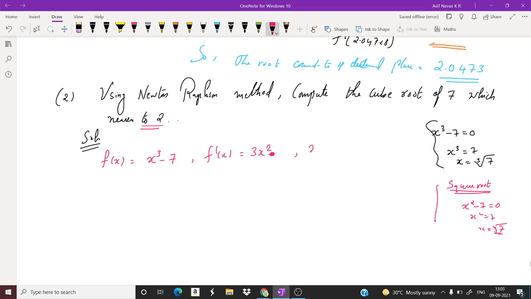So x naught is 2 itself. If this is not given, then we will use that technique: find 2 points where one function value is negative and the other is positive, then you can choose any value in between those two.